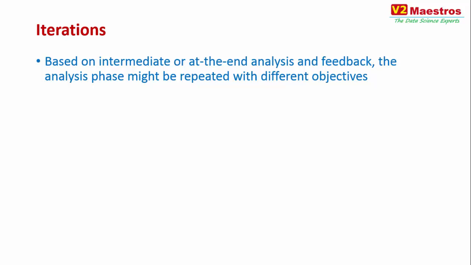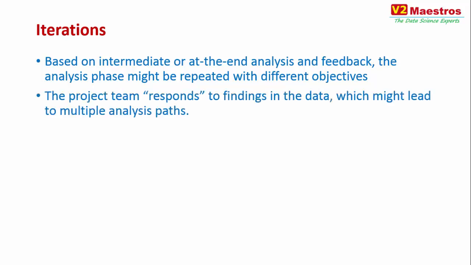They might come back with feedback that might force you to go back and redo the analysis based on new light that has been shed on the data. People might have different objectives and different perspectives that might give you new triggers to go back and look at the data. That is a common thing in data science. The project team responds to the findings in the data, and it can take even multiple analysis paths if you have to.